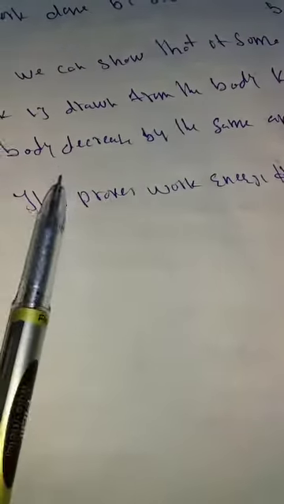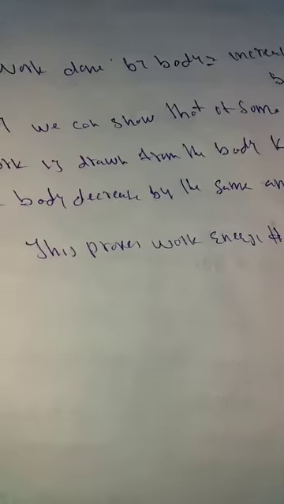Similarly, if velocity decreases, we can show that when work is drawn from the body, its kinetic energy decreases by the same amount. This proves the work energy theorem. That means the work done is equal to the change in kinetic energy of a body. I hope you have understood. Thank you very much.